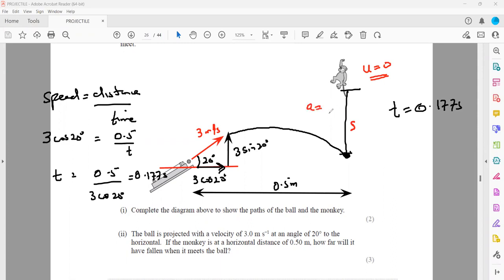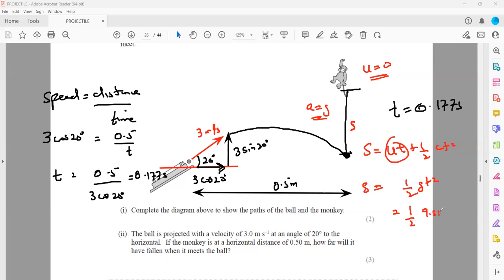For a falling object, the acceleration is due to gravity. So s equals ut plus half at squared. Because the initial velocity is 0, the ut factor will be 0. So we have 1 by 2 g t squared.